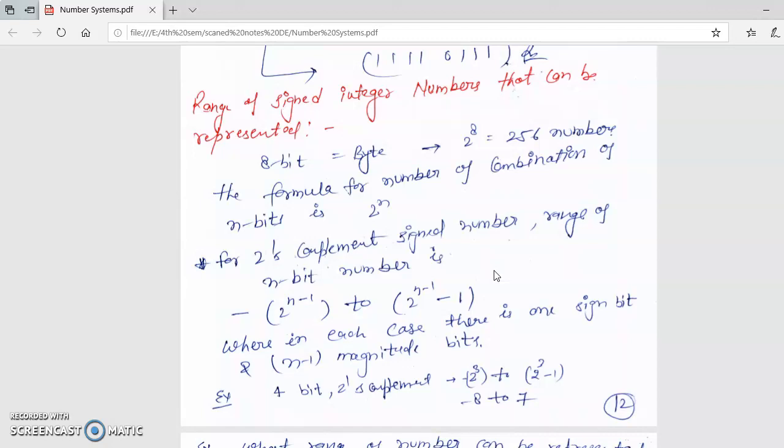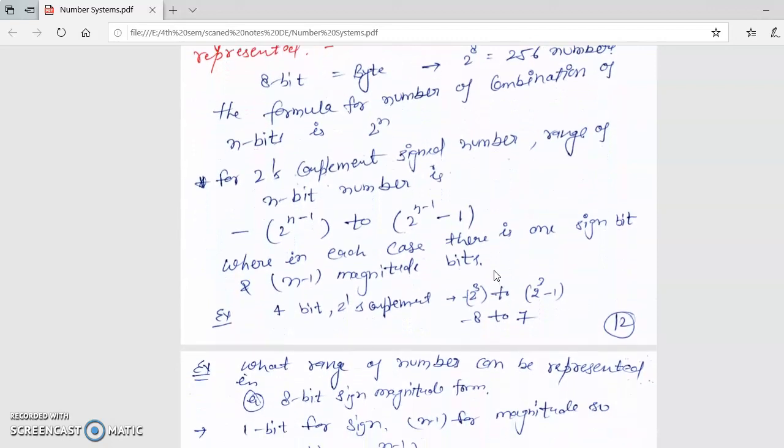By the formula 2 to the power n, if we have n bits, we get 2 to the power n combinations. With 8 bits, n is 8, and 2 to the power 8 is equivalent to 256 combinations.